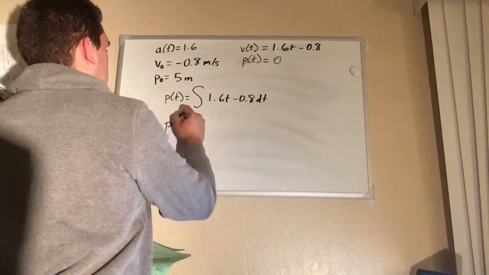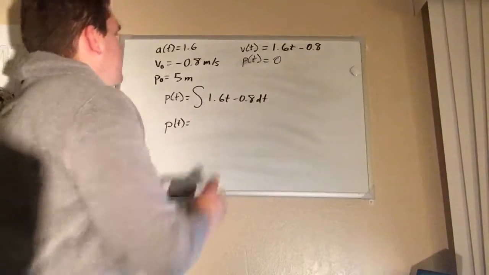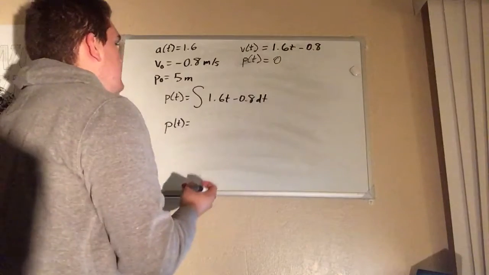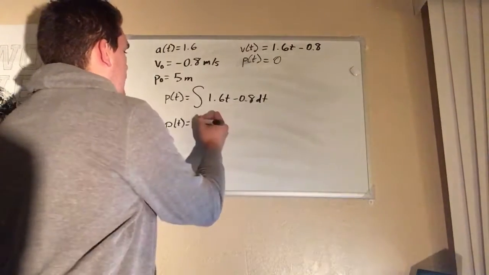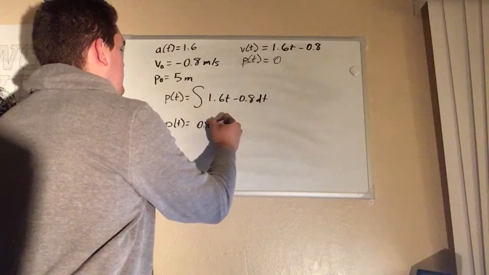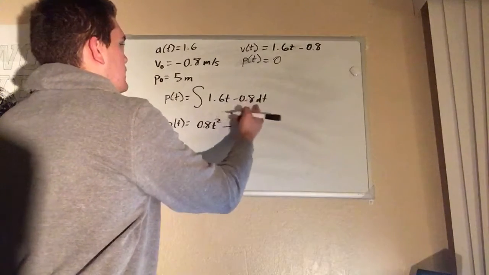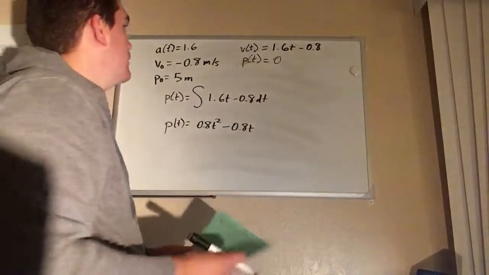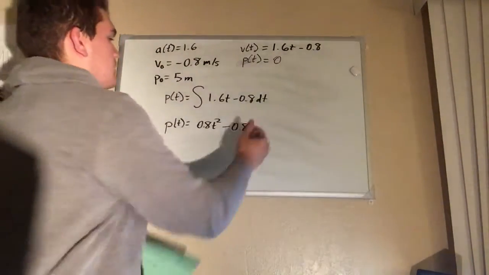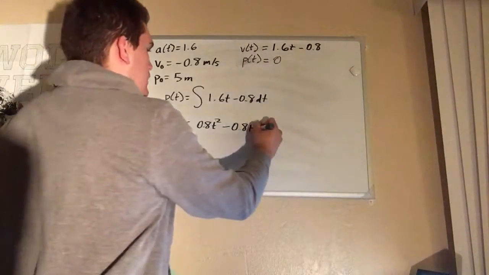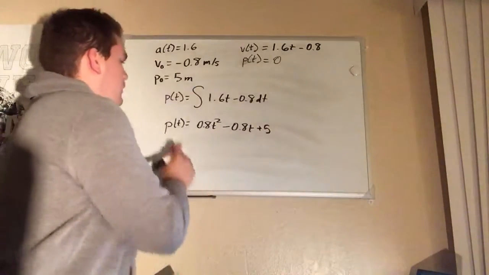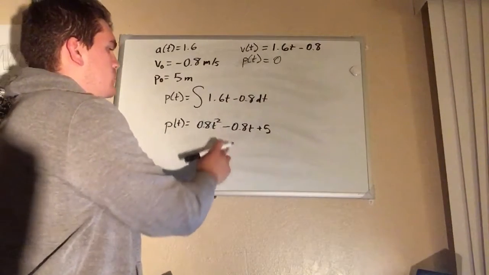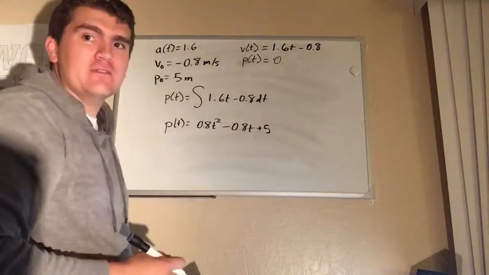And so that is going to equal, so 1.6t, integrating that, you're going to have t squared divided by 2, you're going to get 0.8 t squared minus 0.8 t plus a constant, but we know the initial position, so that is going to be a constant, which is 5 meters. So we know that position is equal to 0.8 t squared minus 0.8 t plus 5.